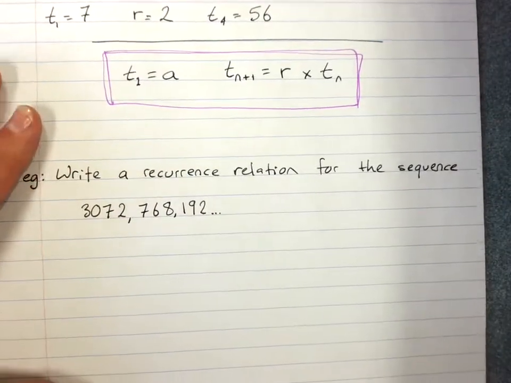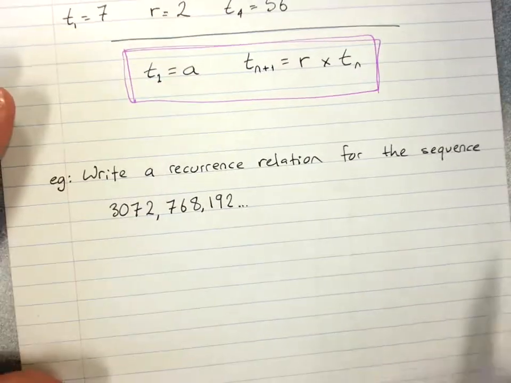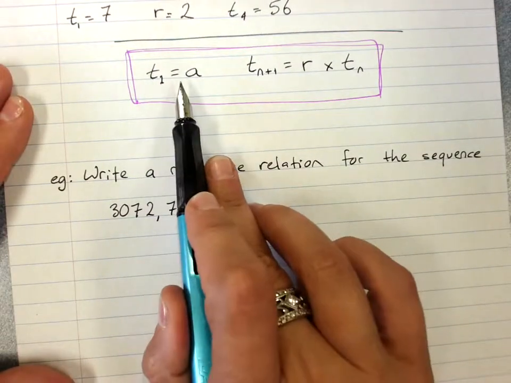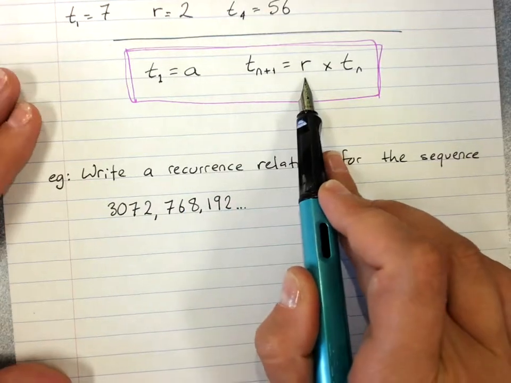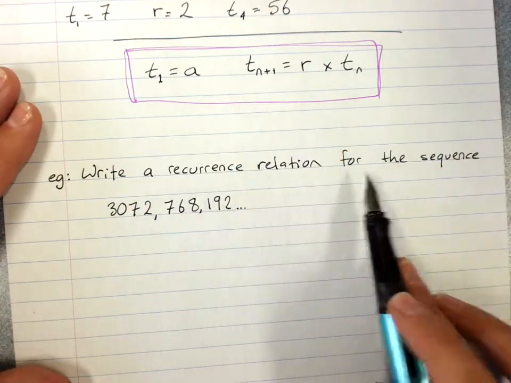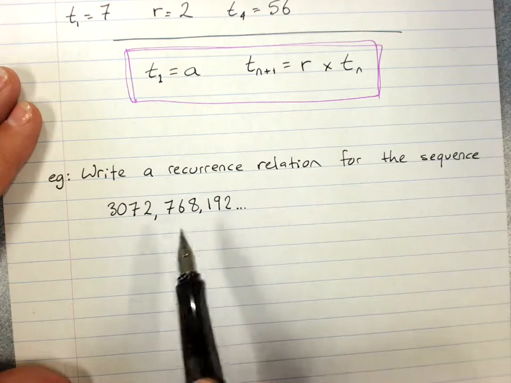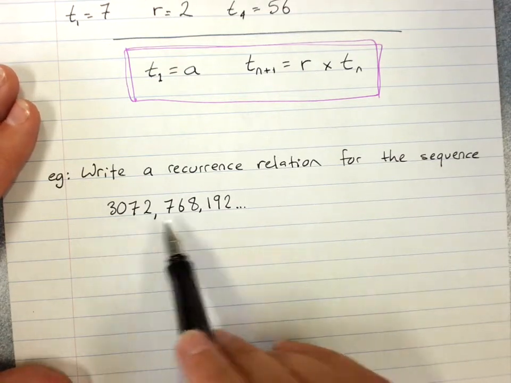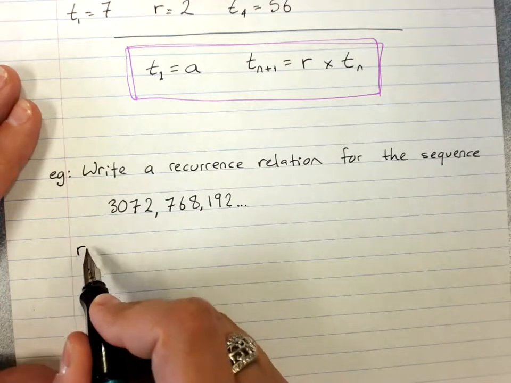And using that, we need to be able to write a recurrence relation for this sequence. So of course we need to know the first term and the common ratio. They haven't told me it's a geometric sequence, so I will have to check. So I have to show that this has a common ratio.